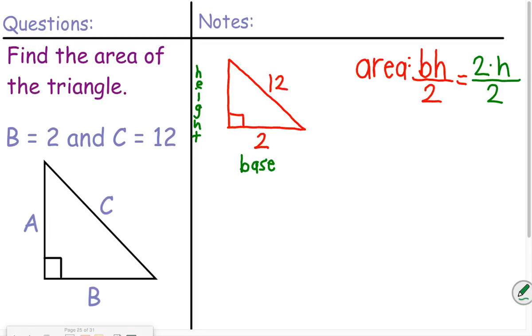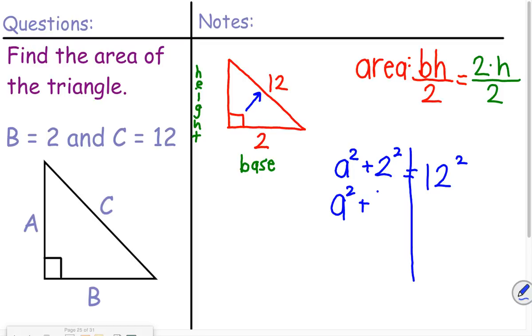Now, in order to find the height, I can do the Pythagorean theorem. So if I go to my side across from my right angle, I get 12, so that is my hypotenuse. And then my leg that I'm going to find, and 2 is my other leg. So a squared plus 2 squared is 4, 12 squared is 144.